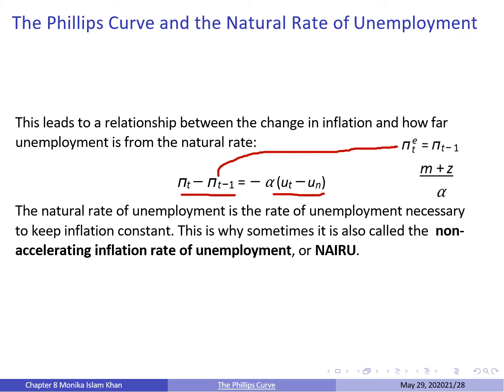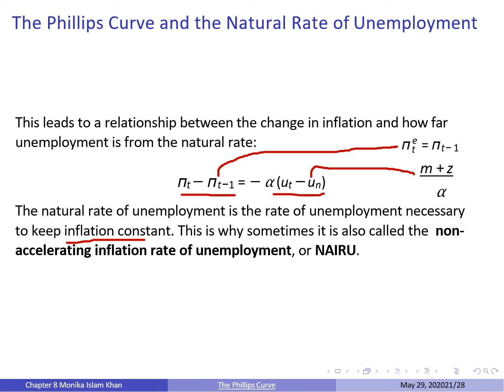This means that the expected rate of inflation is well approximated by last year's inflation rate pi t minus 1. And second, we replace (m plus z) over alpha with UN, the natural rate of unemployment. The natural rate of unemployment is the rate of unemployment necessary to keep inflation constant.